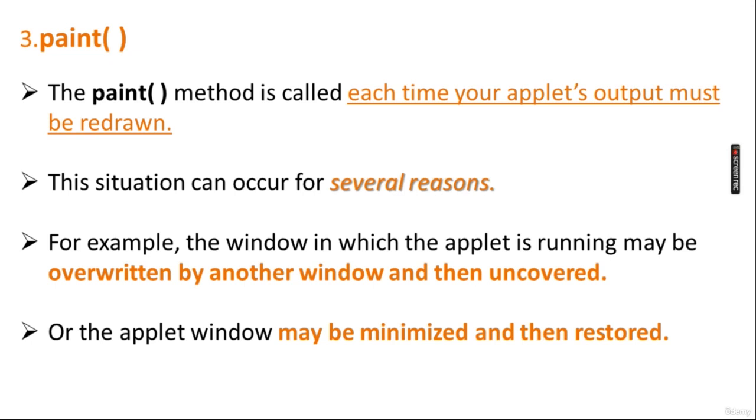Third is paint. Paint is called each time your applet's output must be redrawn. In the previous session I explained that when your applet window is minimized and goes to the background, and after some time comes back to the foreground, paint must be called each time. This situation can occur for several reasons: the window in which the applet is running may be overwritten by another window and then uncovered, or the applet window may be minimized and then restored.